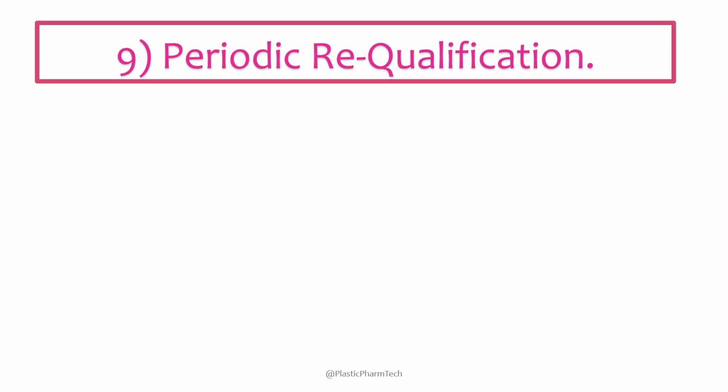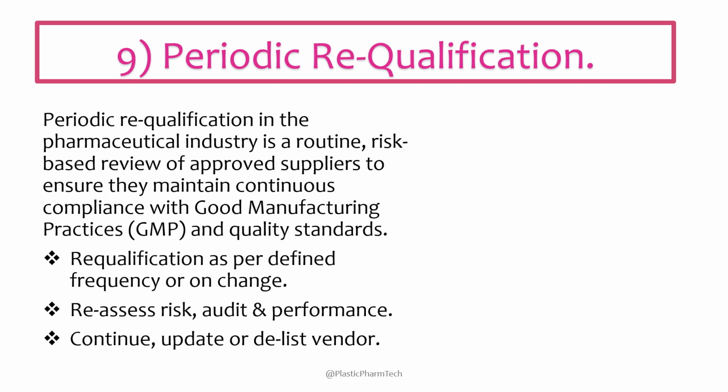Then 9 phase it will come periodic requalification. Periodic requalification in the pharmaceutical industry is a routine risk-based review of approved suppliers to ensure they maintain continuous compliance with good manufacturing practices, GMP, and quality standards.